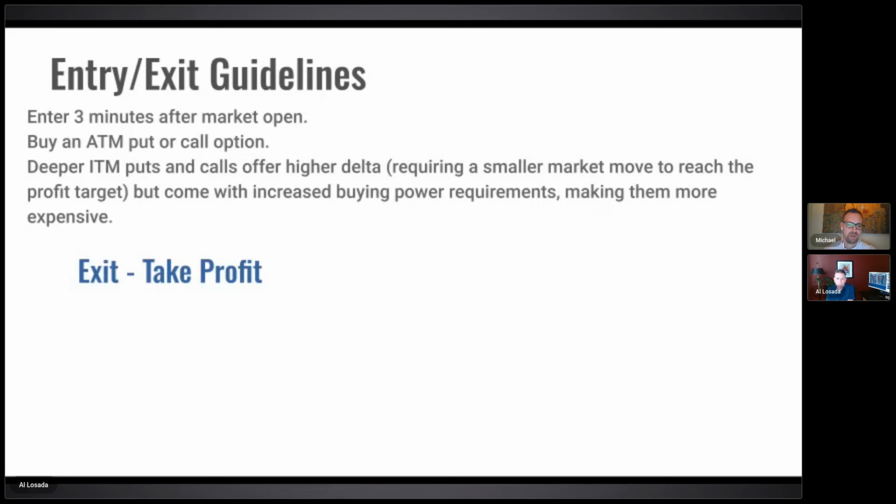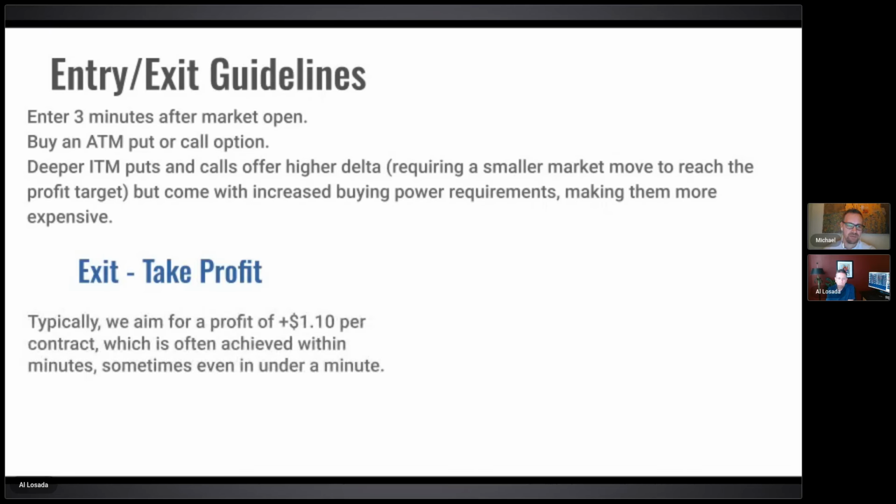So when do we exit those options? Best case, obviously, we take profit. The profit target I usually go for is $110 per contract. I always say I cut out a small slice, a thin slice out of the market, a thin slice out of the sausage, if you want a German example.